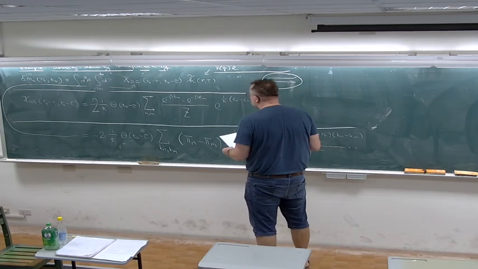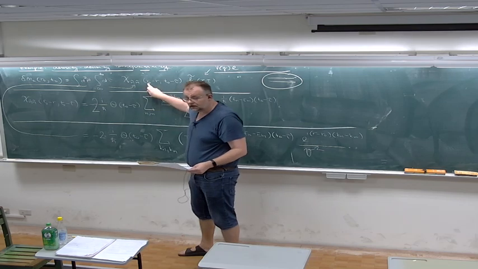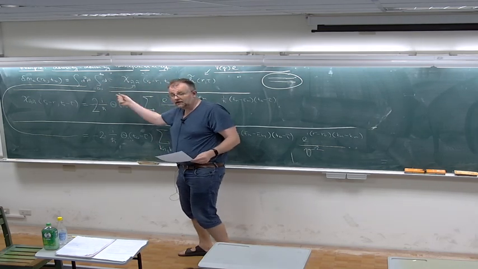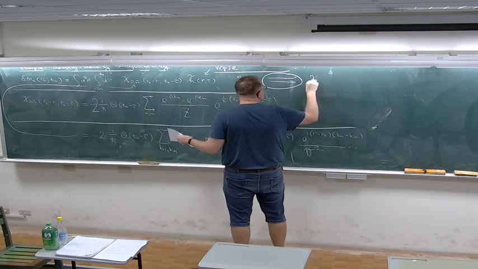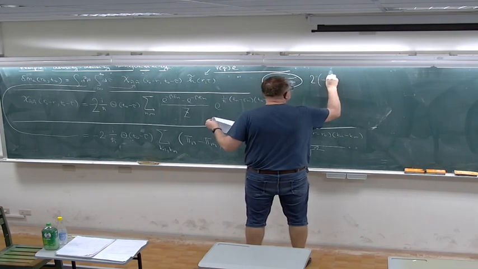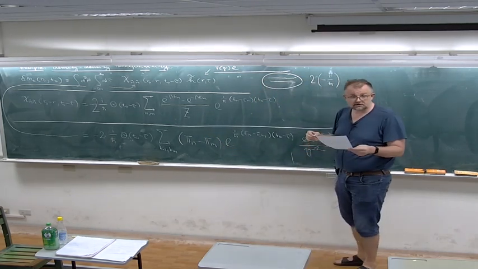I'm plugging this here and changing the order of summation and integration. You will see what I'm doing here. Just to remind you, I'm getting this 2 which was there, then this minus E divided by h bar.